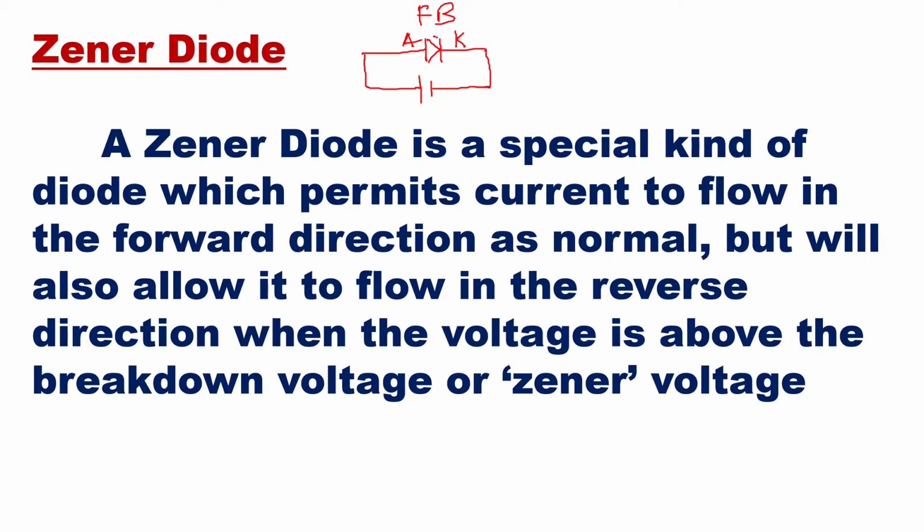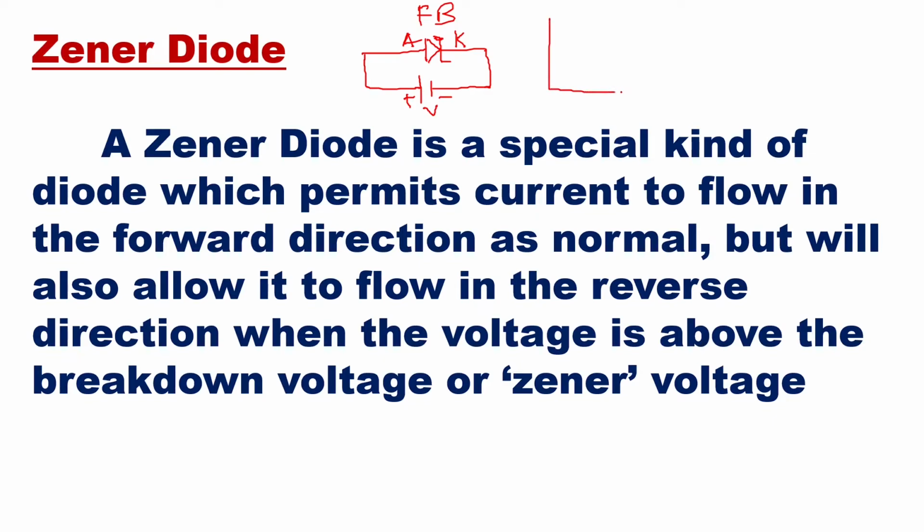If you want to speak about a Zener diode, make the symbol like this. In forward bias, whatever voltage you are applying here, it is going to behave as a normal PN junction diode only.